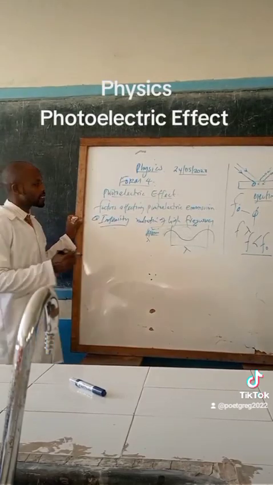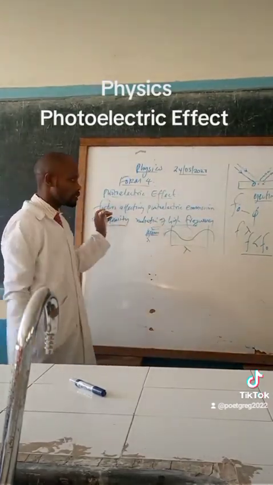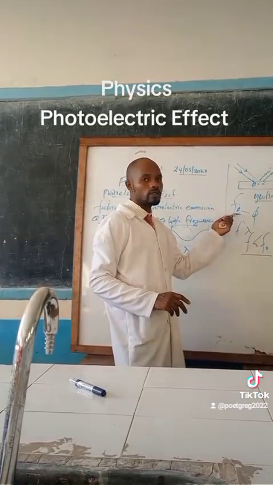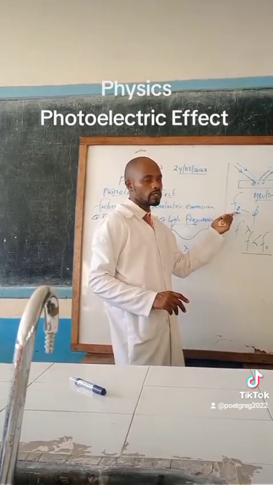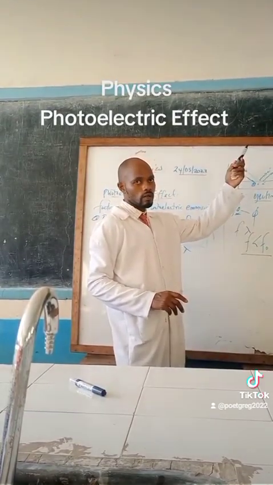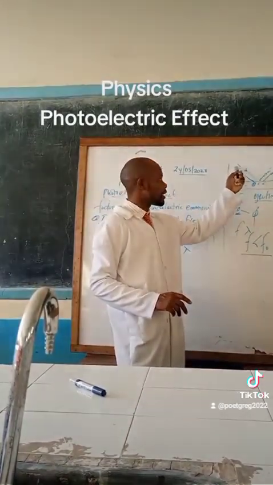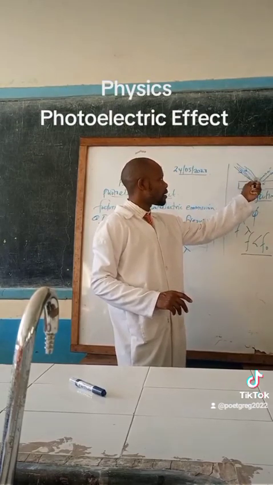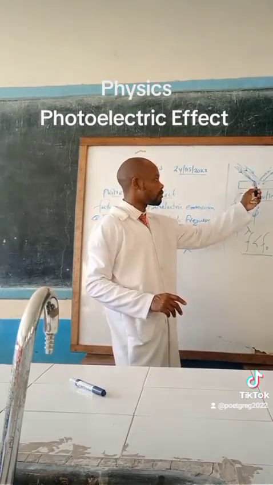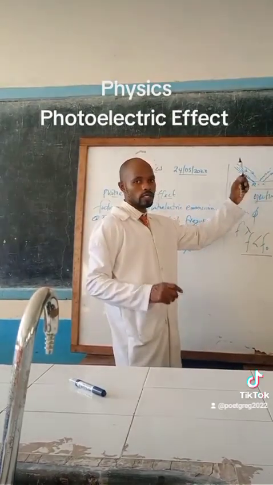And if light has high frequency, then it means if that frequency has gone past the threshold frequency of that material or metal surface, it is able to eject electrons. If light has high intensity, then it means per unit area, the beam reaching the metal surface is what?